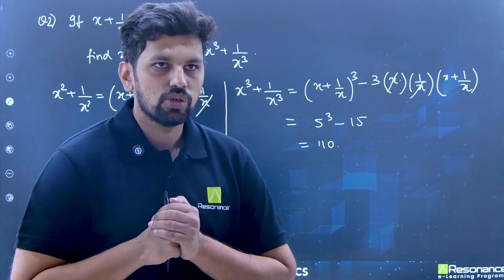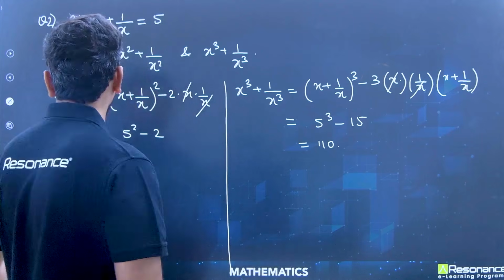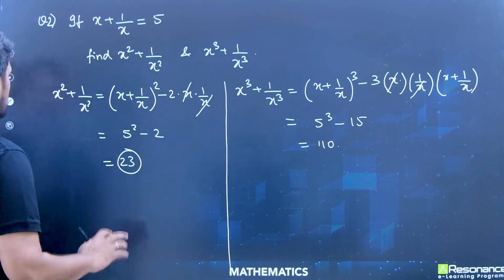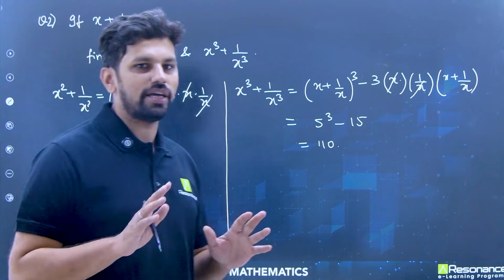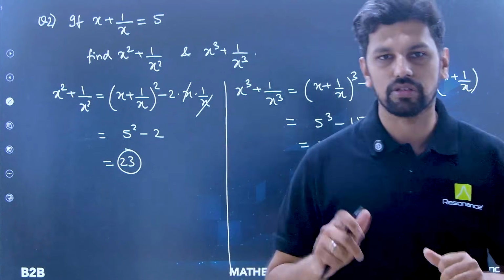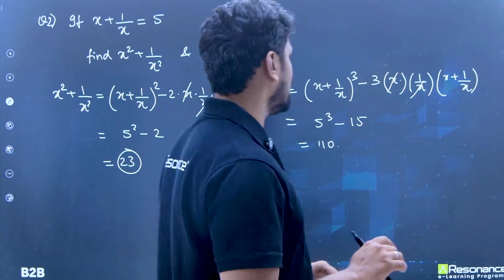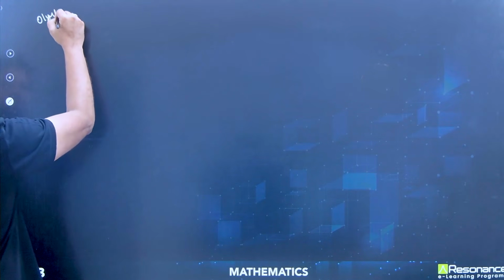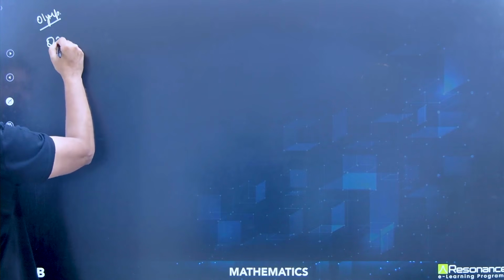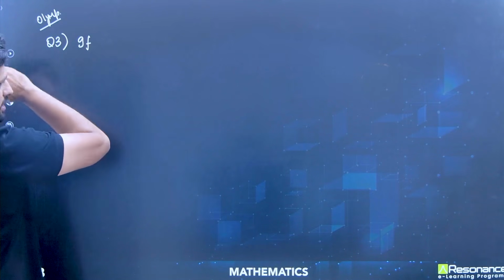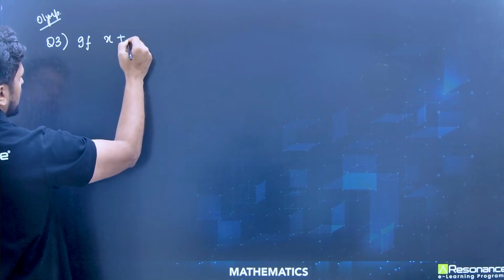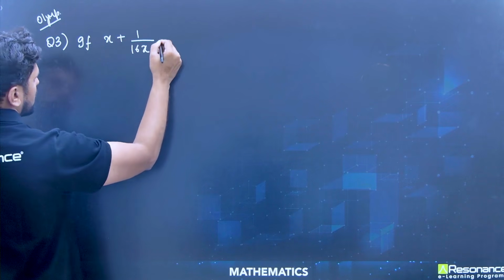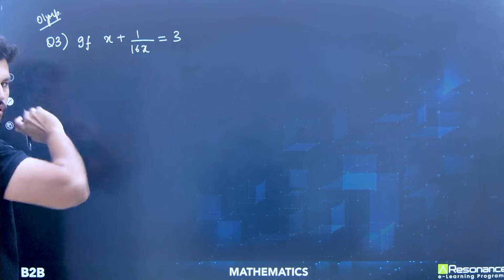Okay, so I think we are ready for an Olympiad level question. An Olympiad question in IOQM just came from this topic also. Okay, so it was an easy question. We can solve it. Okay, let's write. If x plus 1 upon 16x is equal to 3.